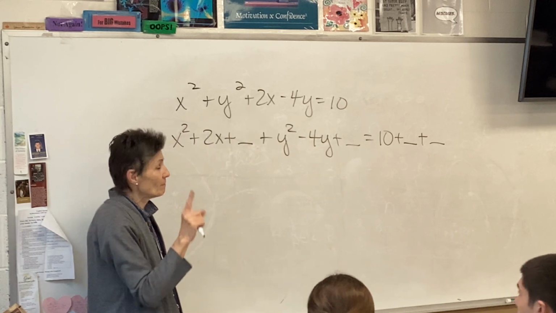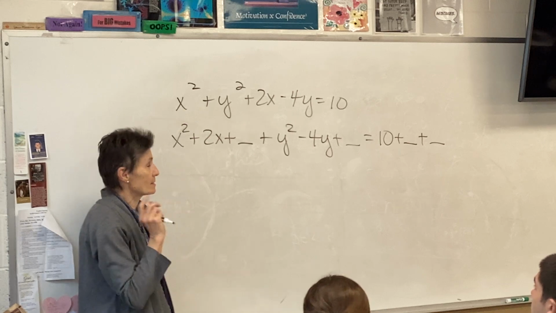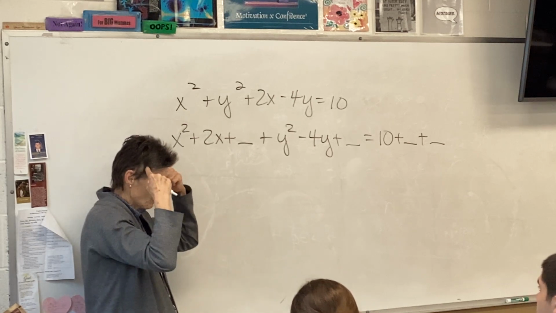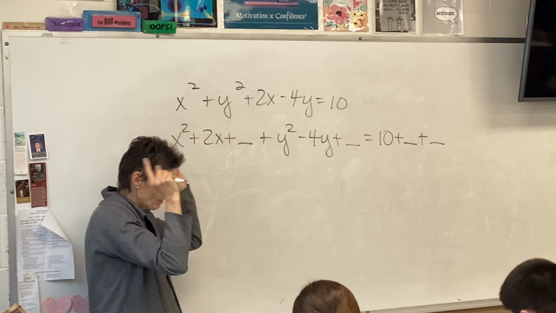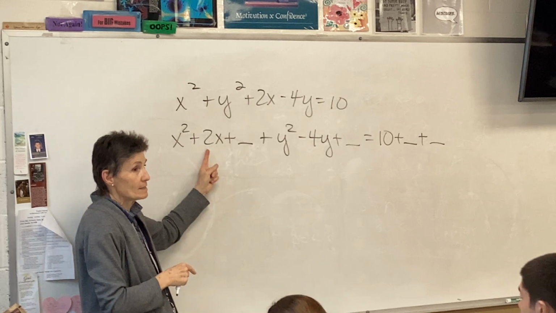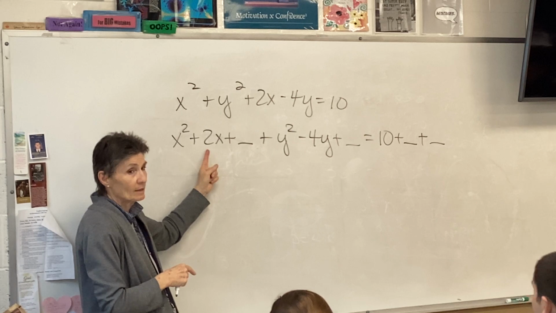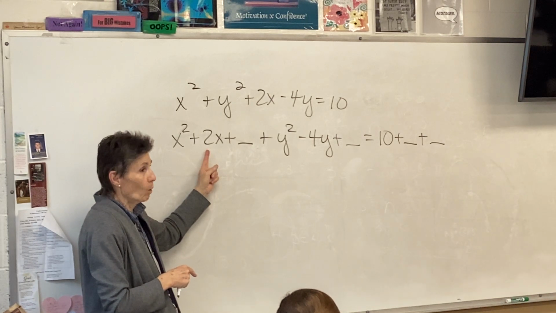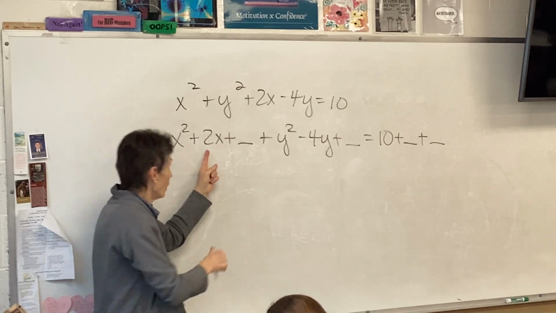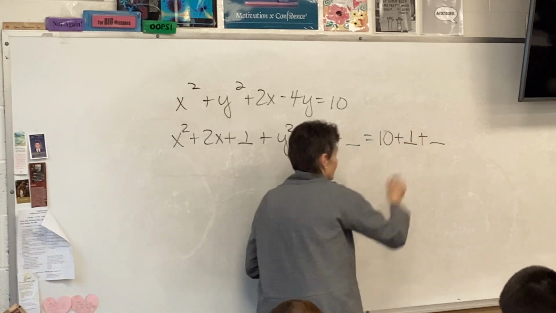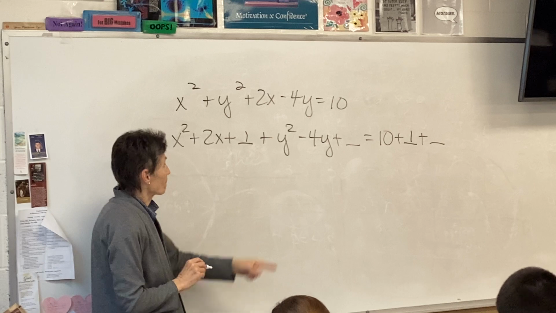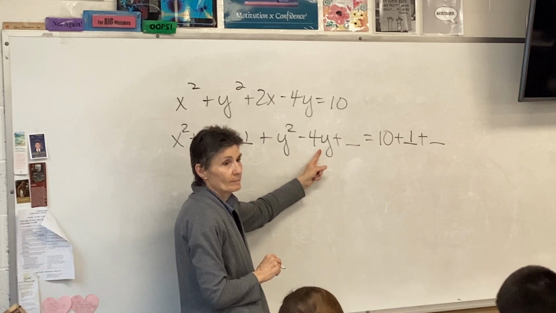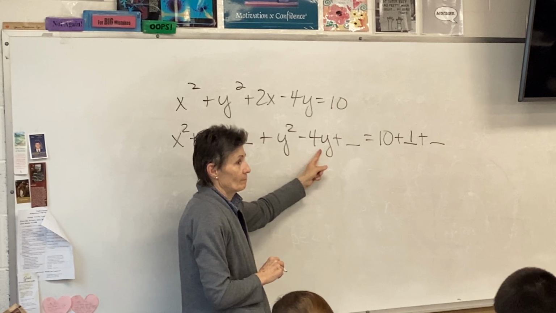Now, some of you do great with this, and some of you are still struggling. Stop, clear your mind of senior assassin, and think. What is half of 2? 1. What is 1 squared? 1. What is half of 4 squared? 4.